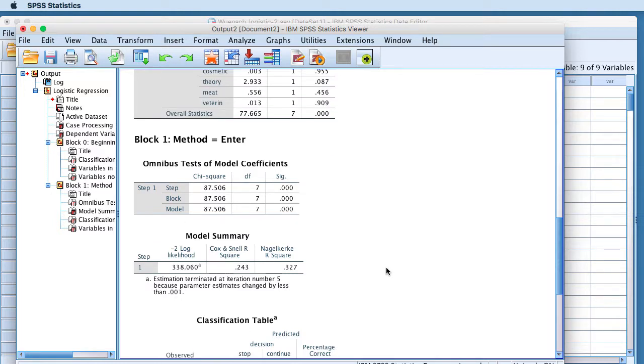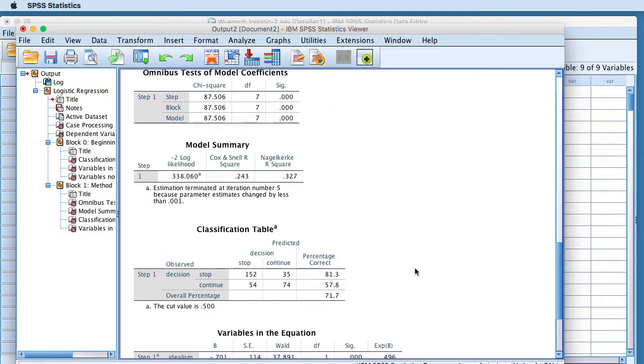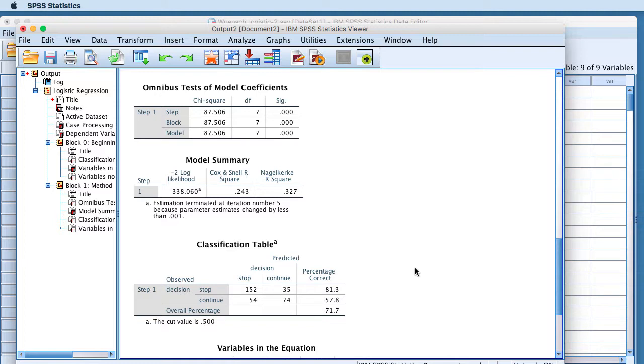However, you want to be careful in interpreting it in that manner, and you should read more about the use of the pseudo R-squares for interpreting model fit for the logistic regression analysis. Another important table is the classification table.